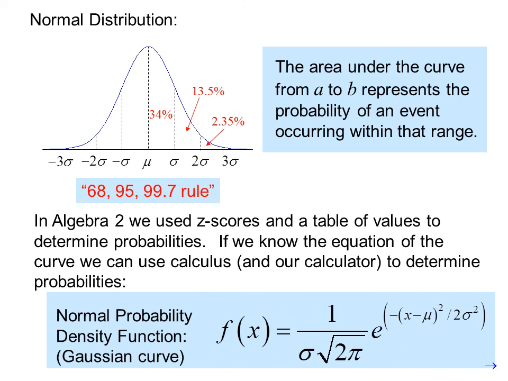The normal probability density function, or Gaussian curve, is f of x equals 1 over sigma radical 2 pi times e to the quantity negative x minus mu squared divided by 2 sigma squared.